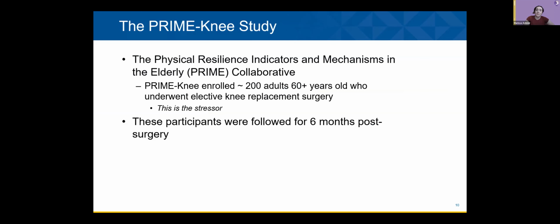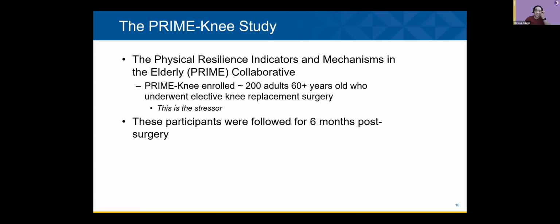Specifically, Prime Knee enrolled about 200 adults 60 years or older who underwent elective knee replacement surgery. So this was an elective stressor. We were able to measure them at baseline, right before the surgery, and then some aspect of their health went down because of the stressor. Surgery is a stressor on your body. And then we were able to follow them afterwards to see how they recovered.